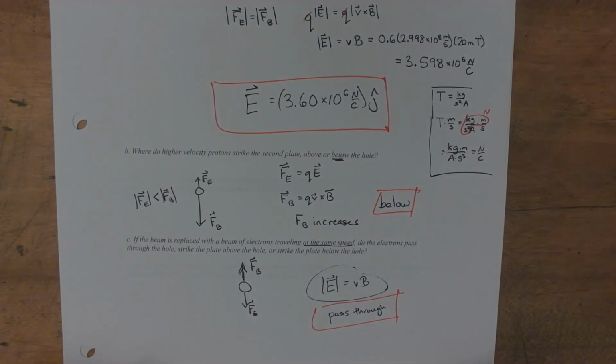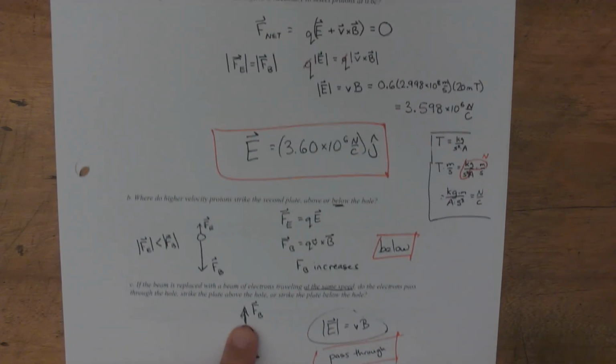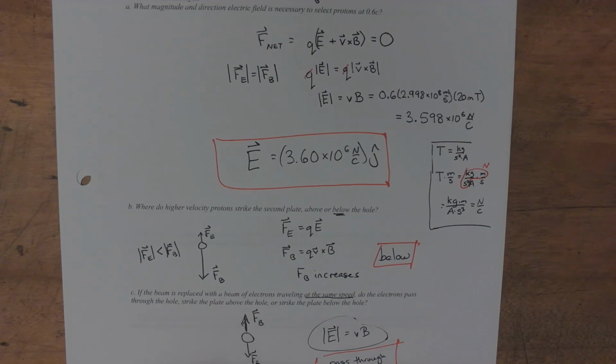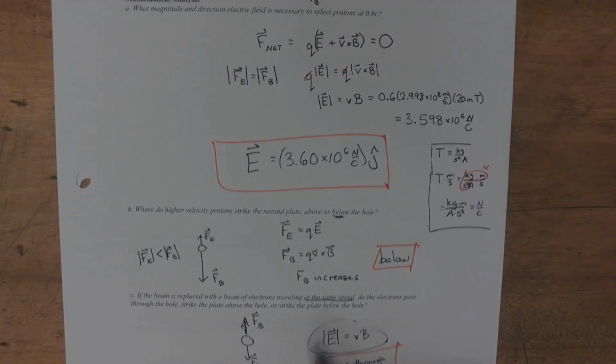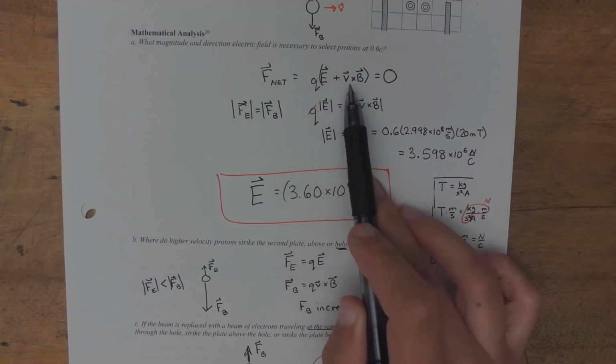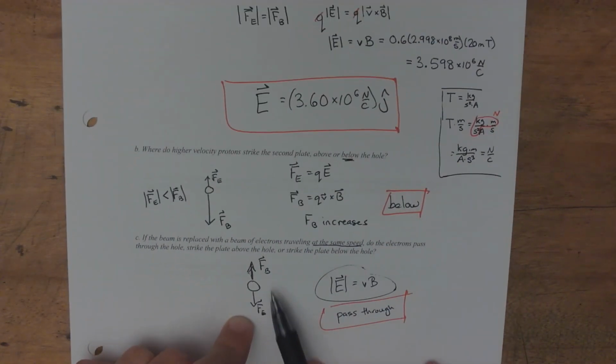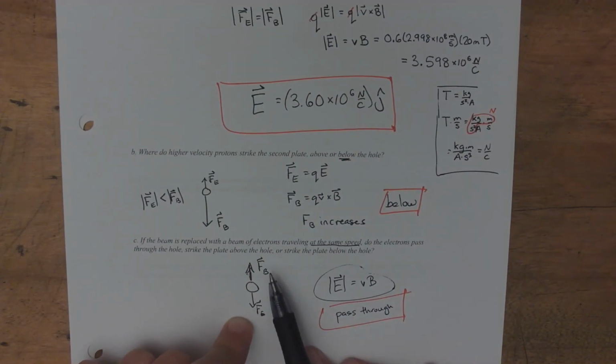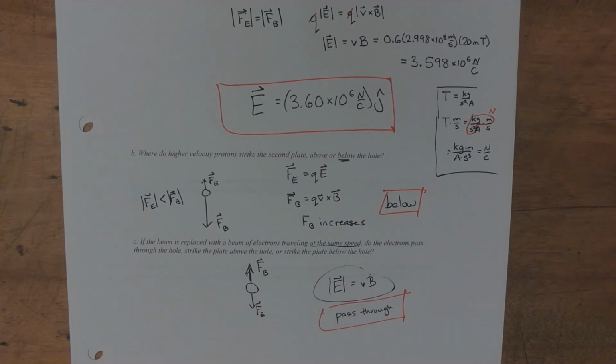Okay, so if you calculate the magnetic force and the electric force using Q times E and Q times V crossed with B, the direction changes, but the magnitude of the forces does not change. So the forces are still balanced and the electron passes through.